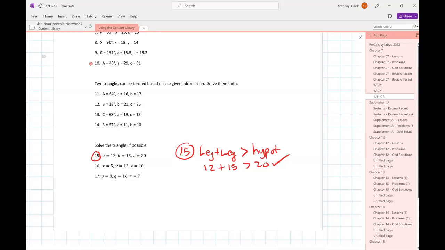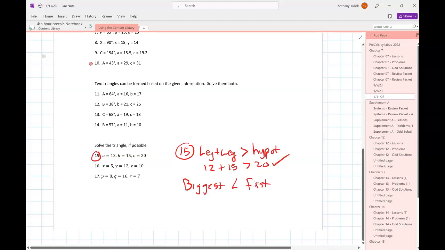And I have enough information to find angle A, angle B, or angle C. The question is, does the order in which I solve these angles matter? The answer is yes in an SSS situation. So I want to find the biggest angle first, which I know is going to be angle C because side C is the longest side.